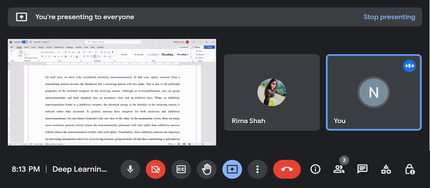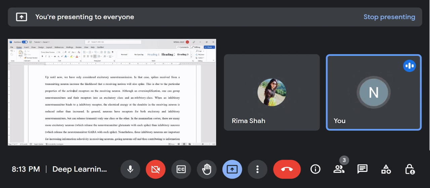In that case, spikes of signals received from the transmitting neuron increase the likelihood that the receiving neuron will also spike. That means the receiving neuron will also be initiated by the signal which one neuron is sending to the other neuron.